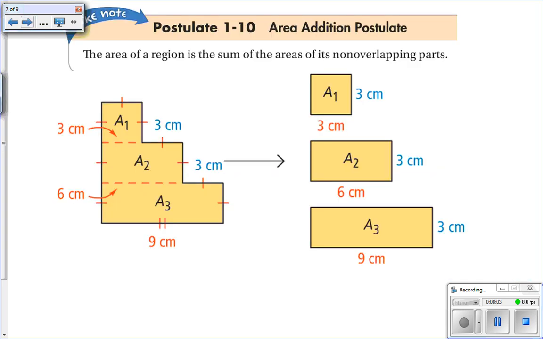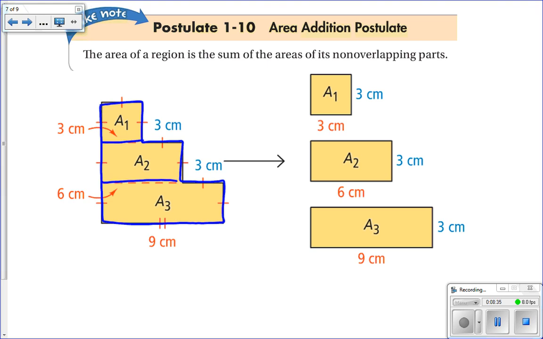Okay, the last idea I want to hit on before we leave this section is the idea of the area addition postulate. Now it's a postulate, so it should make a lot of sense without me having to explain why it should work. The area of a region is the sum of the area of its non-overlapping parts, which means if I can take a shape, now this shape is kind of an interesting shape, I don't have a formula for this shape, but I can cut it up into parts that I know.